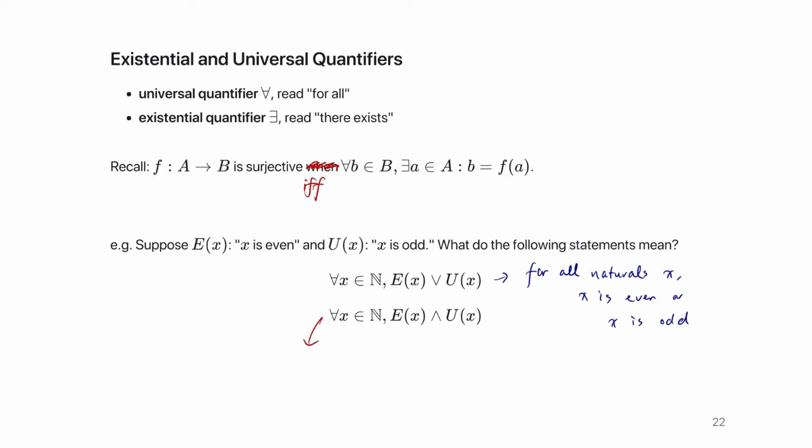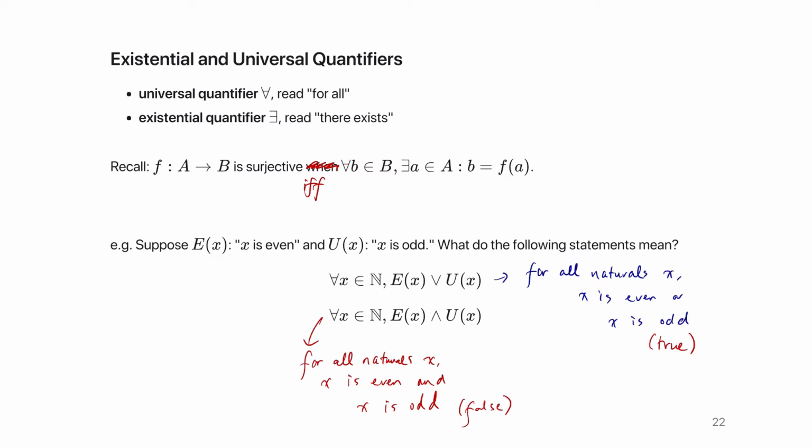It's not true, but that's what it says, right? All naturals x, x is even and x is odd. This is true, this is false, but that's beside the point.